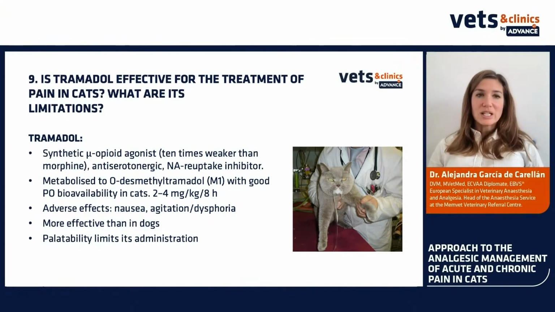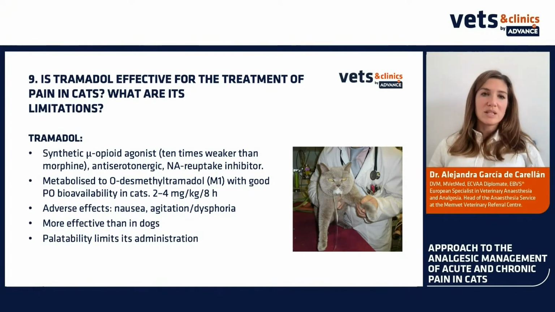Tramadol is, as you said, a synthetic mu opioid agonist, but is 10 times weaker than morphine, and also has other mechanisms of action, like anti-serotoninergic and noradrenaline reuptake inhibitor. So this drug has three mechanisms of action.